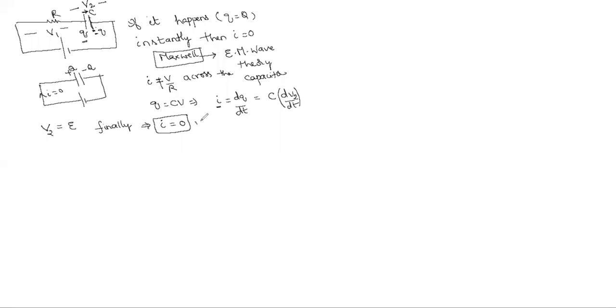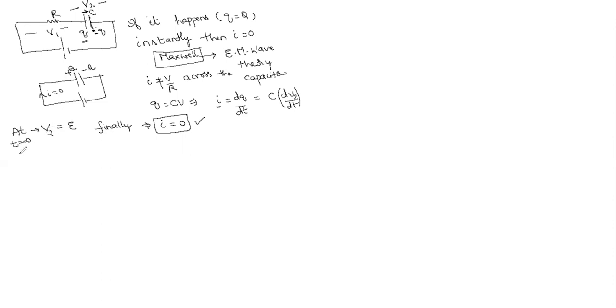Now you understood? But sir, V2 will become E at infinity, no? That's what I'm saying. At infinity, it is equal to infinity. You have to give some time for it.